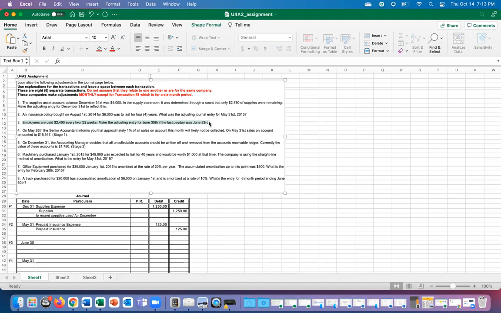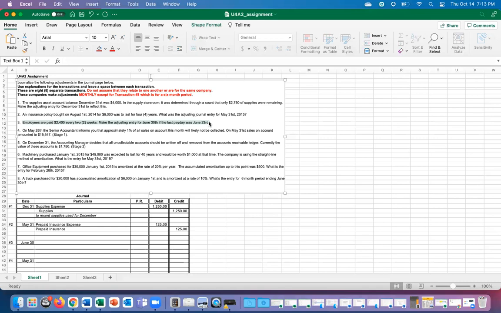And so the second part of this asks us to make the adjusting entry for July 30th if the last payday was July 23rd. All right, so we're making an entry for July 30th, and there is a week's worth of work that the employees have done, but they just have not been paid for it.